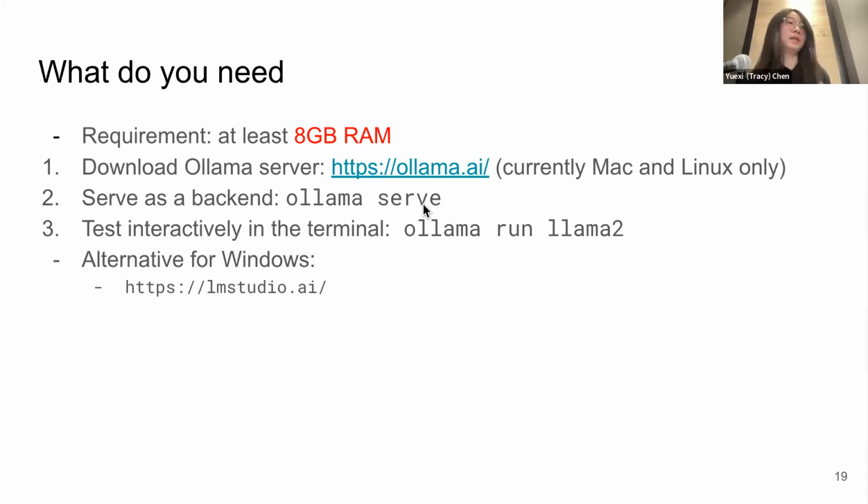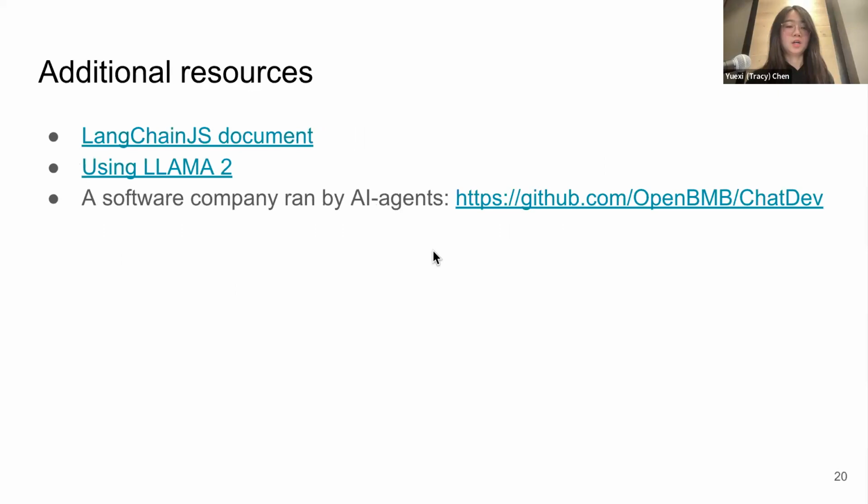And then you can just replace the import OpenAI with import Ollama. Or if you're on Windows, you can check this website, called LM Studio. I believe Ollama will also have a Windows version in the future, but not now.